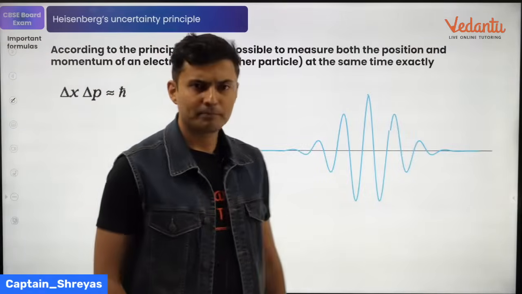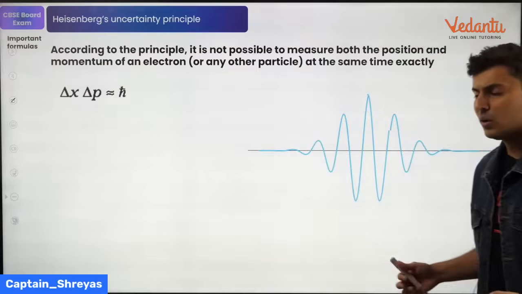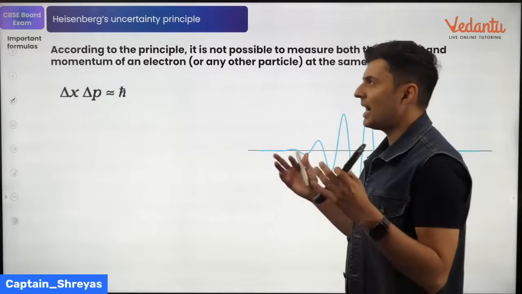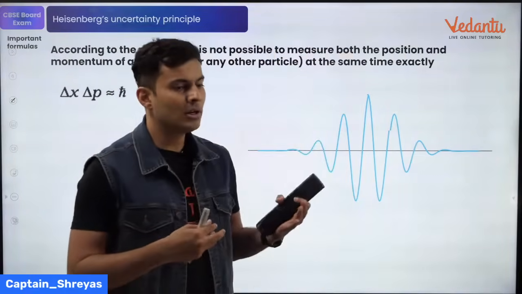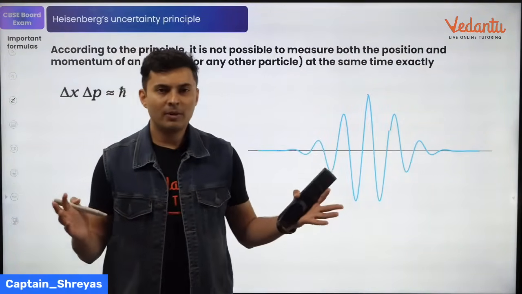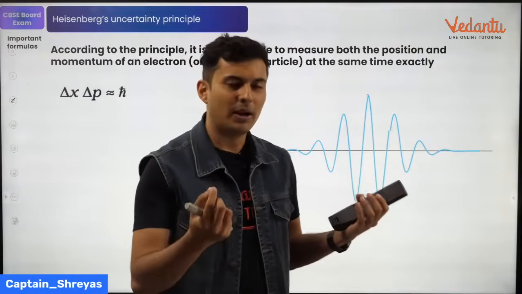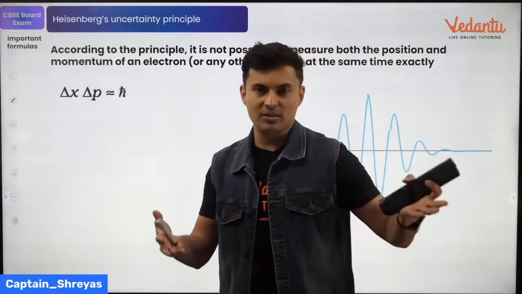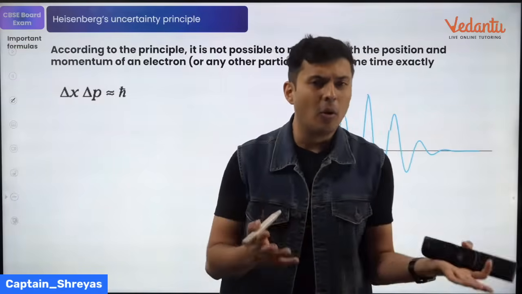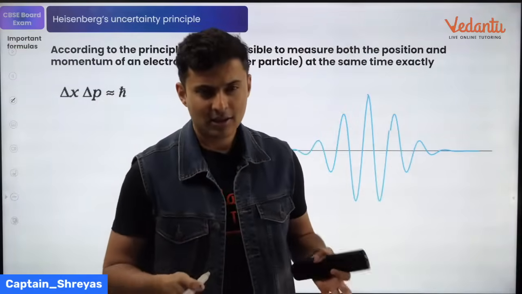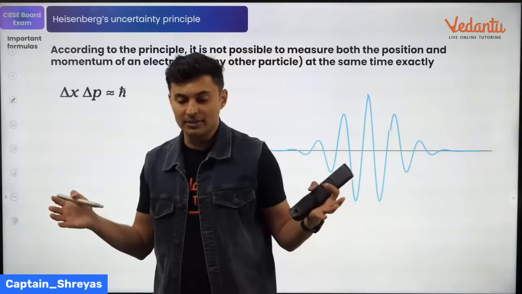Keep this in mind. Now, you will also see one principle called Heisenberg's uncertainty principle, which is basically to tell you that you cannot actually see a particle at a place and know its momentum. Or if you know where the particle is going, you cannot know where it actually is. There is always a game of probabilities.